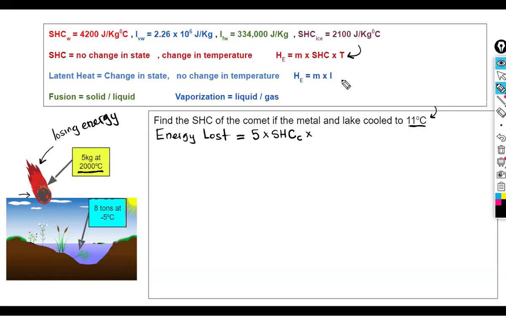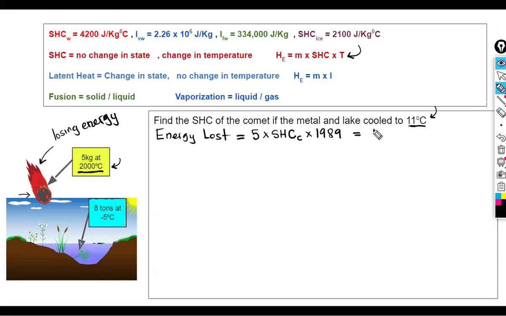It's a huge number. It's a minusing game. It started off at 2000 and then it went to 11. So it's just a minus, 1989, right? 1989 degrees Celsius. So let's multiply these three things now, and that would be the energy lost by the comet. So it's 5 by 1989.